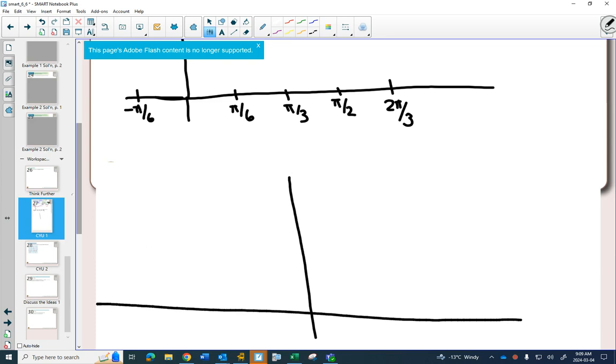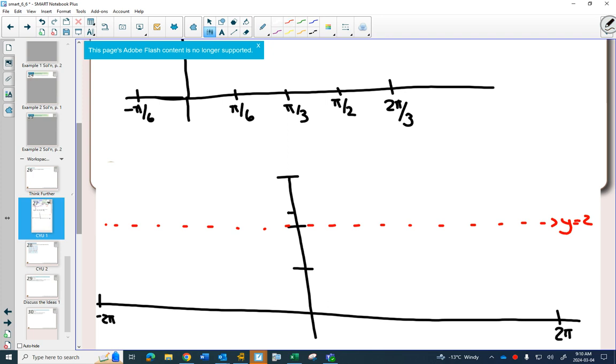On my scale, I'm going to put 2 pi over here, and negative 2 pi over there. My center line is still at y equals 2.